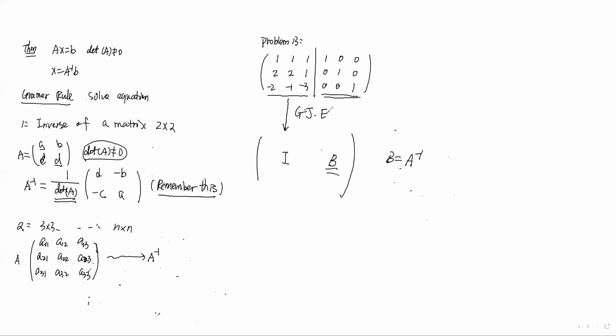Anyway, so let's look at this problem. It's very complex. Its computation is very boring. So you first cancel this number and this number. How? Negative 2 R1 plus R2, and R1 plus R3, and then you copy 1 1 1 0 0, and you get this.